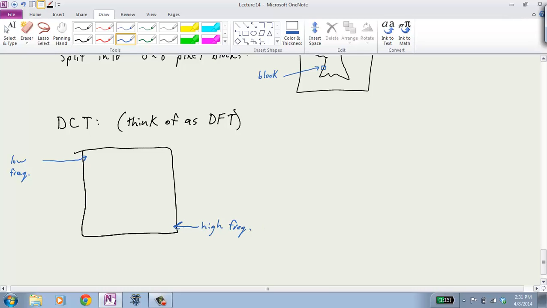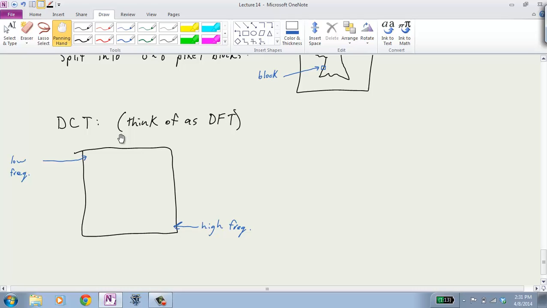Okay, what's down here? Exactly. So this is going to be low frequency in the horizontal direction and high frequency in the vertical direction. So we had an 8 by 8 block of image. Now we have an 8 by 8 block of DFT.